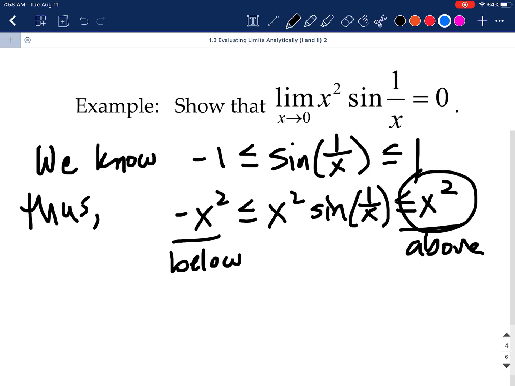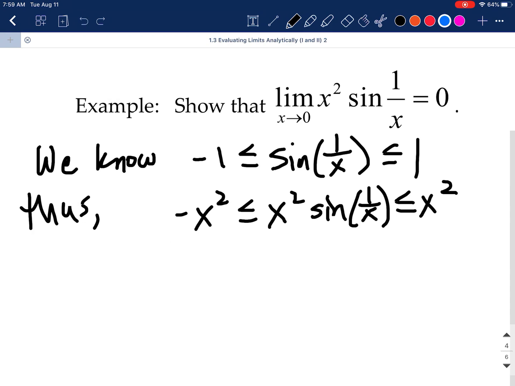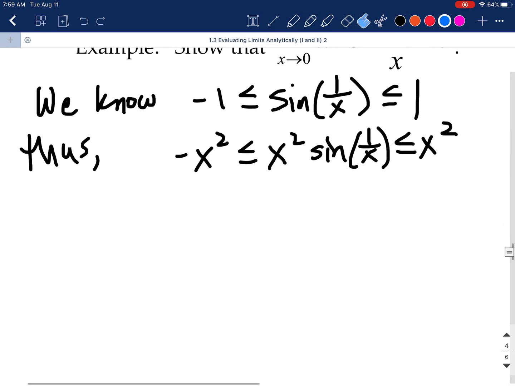So x squared is always above our function, and negative x squared is always below. Okay. Now we would have to be slightly careful if it was like just x, right? Because we could get sign changes and things like that, but x squared is also always positive, so we don't have to worry about this sign changing at all. So we do have to be slightly careful.